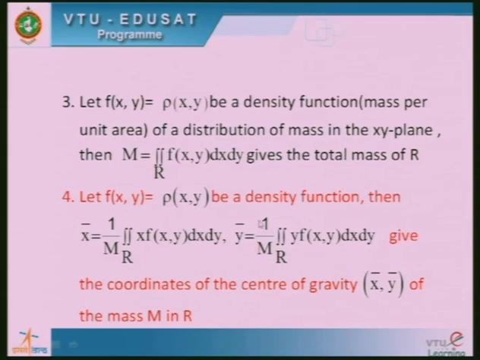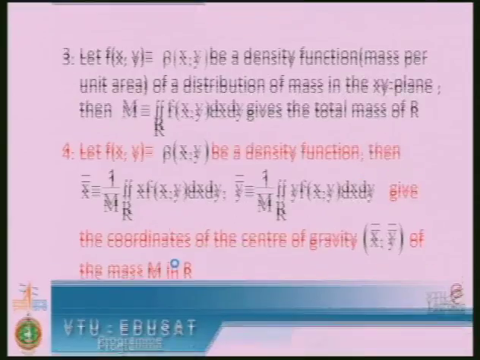Similarly, y bar is 1 upon m times the integral of y into f(x,y) dx dy. These give the coordinates of the center of gravity of the mass m in the region R.